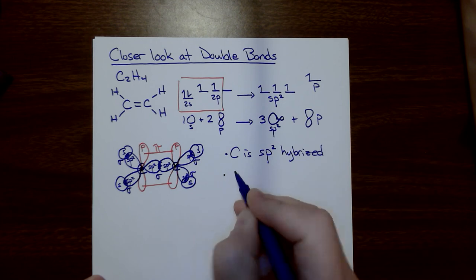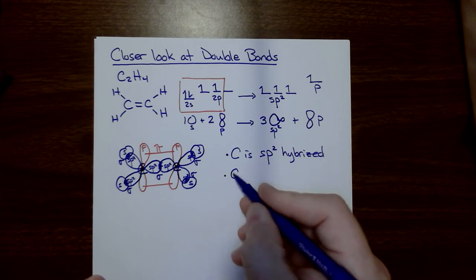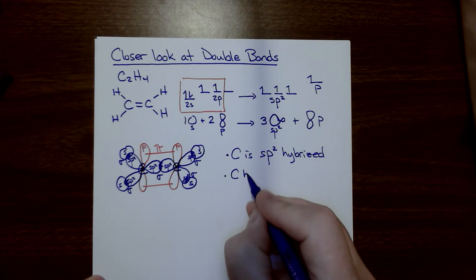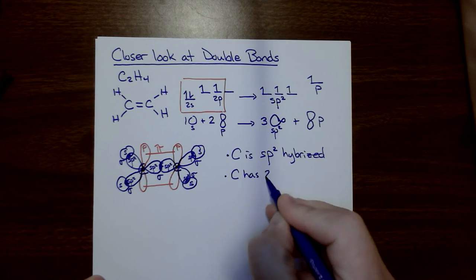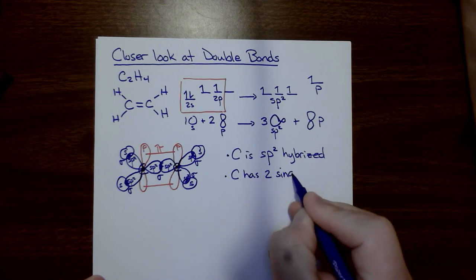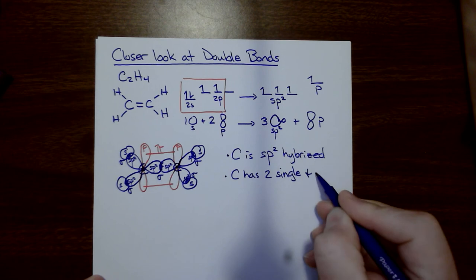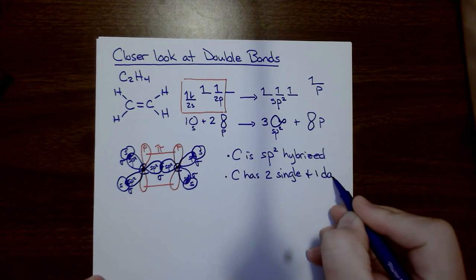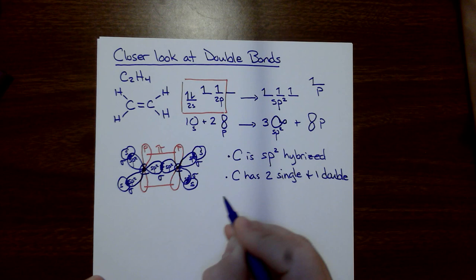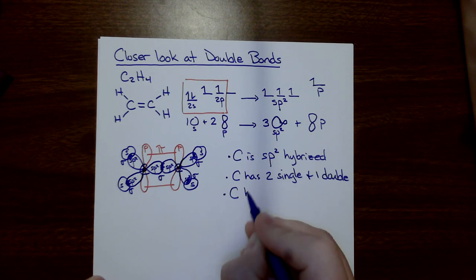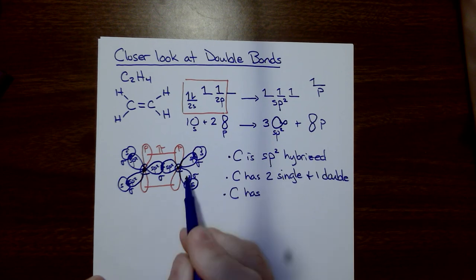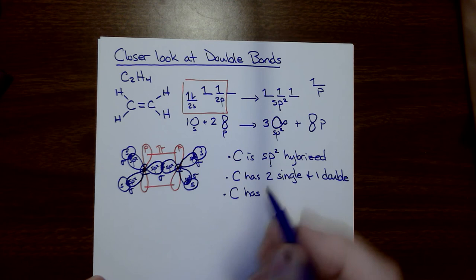The carbon has 2 single bonds and 1 double bond. And we're just looking at one carbon, so it's 1, 2, 3 sigmas.